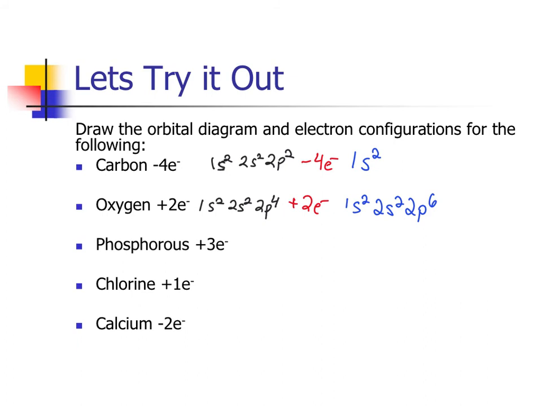For phosphorus, we have an electron configuration of 1s2, 2s2, 2p6, 3s2, 3p3.